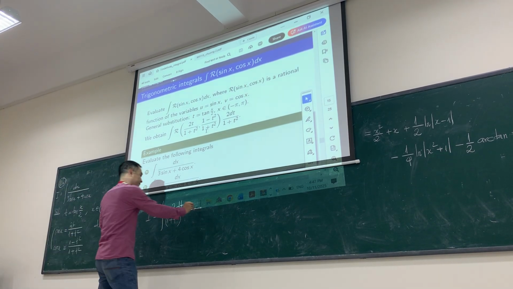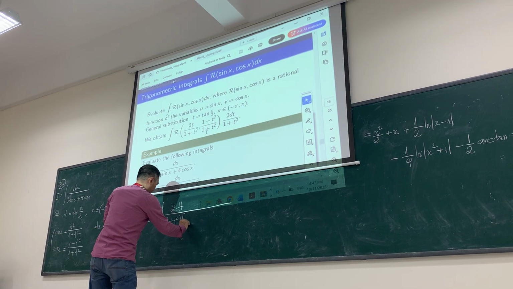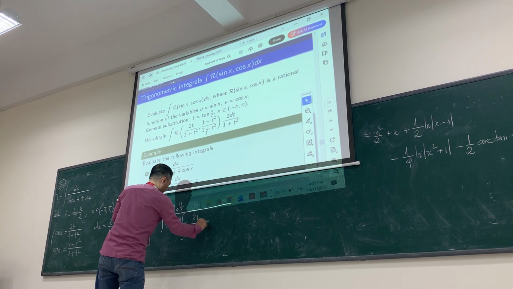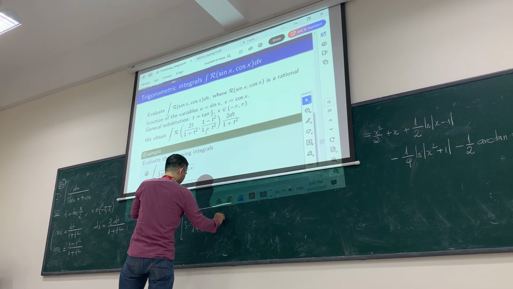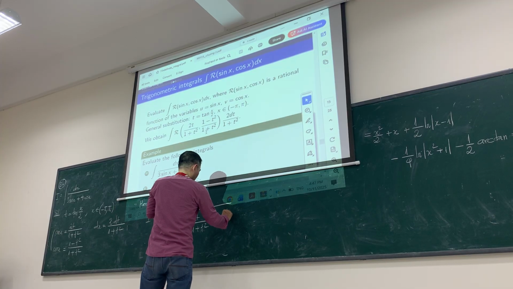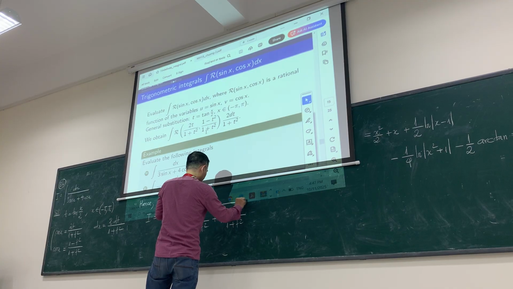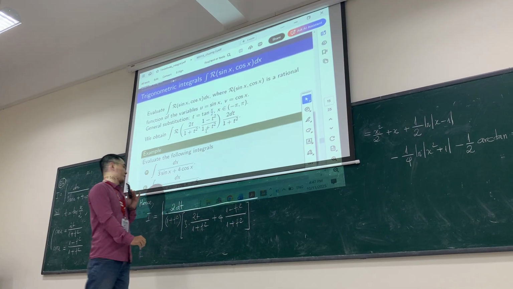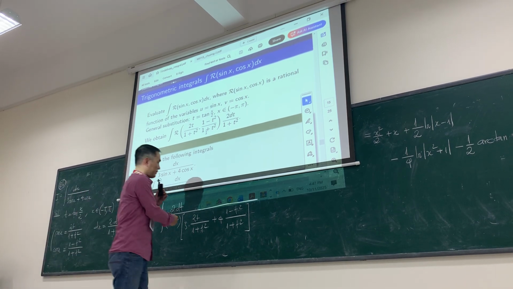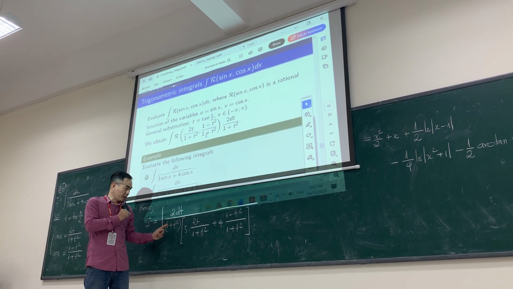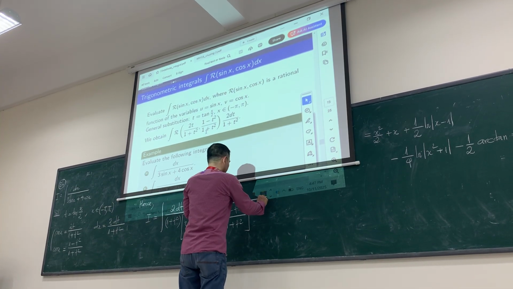This time, 2t over 1 plus t squared plus the 4 times 1 minus t squared over 1 plus t squared. Okay, we can reduce 1 plus t squared with 1 plus t squared.